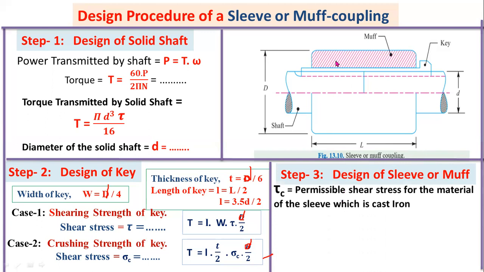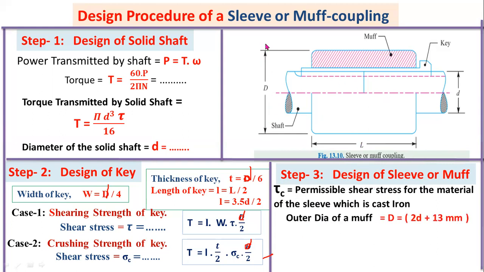For that purpose you have to consider this sleeve or muff coupling as a hollow shaft. Let tau suffix c be the shear stress induced in the cast iron material, that is in the coupling.